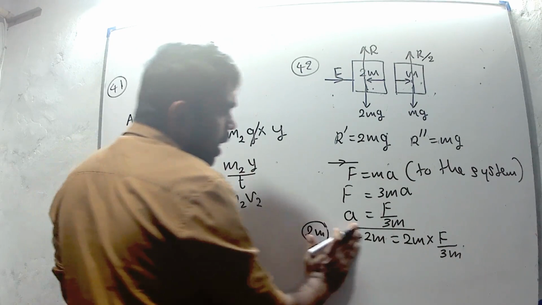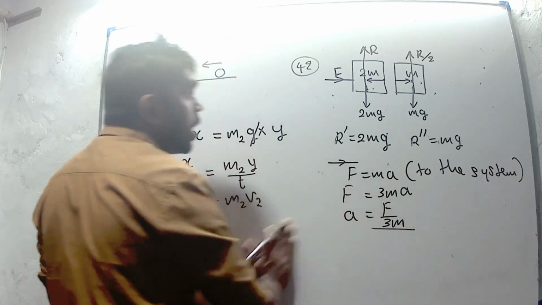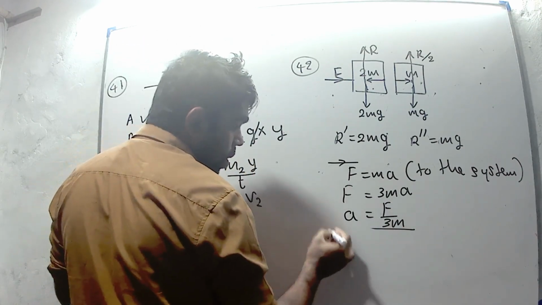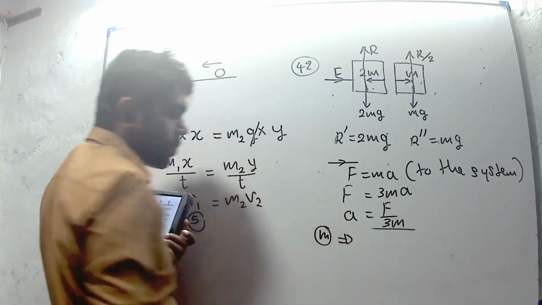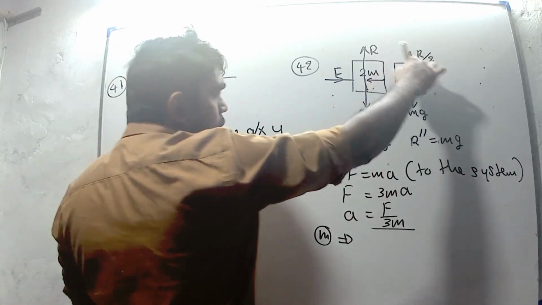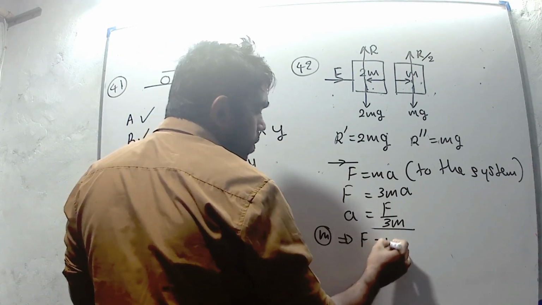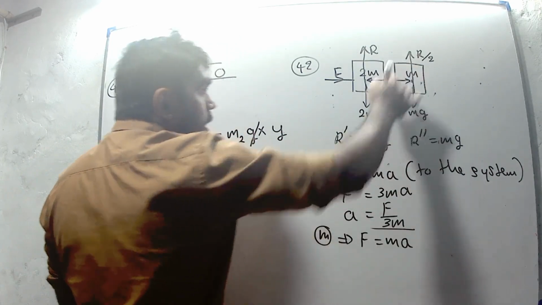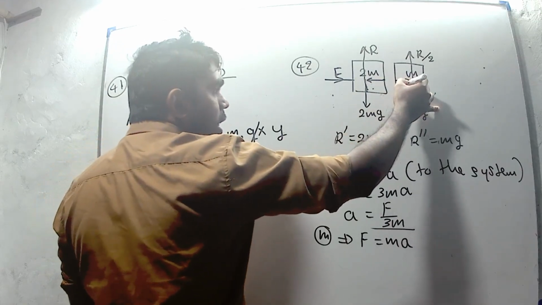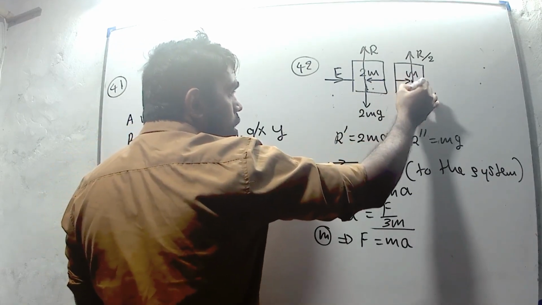We can get it easily by considering the m mass. There is only one force for the m mass. That force is the reaction. I will consider it as R naught.